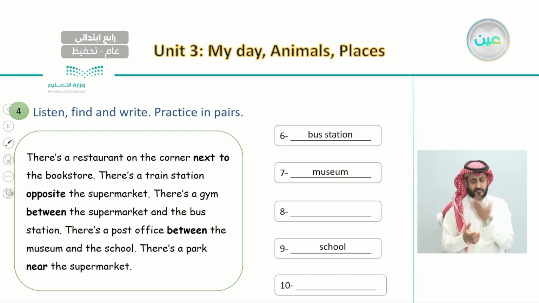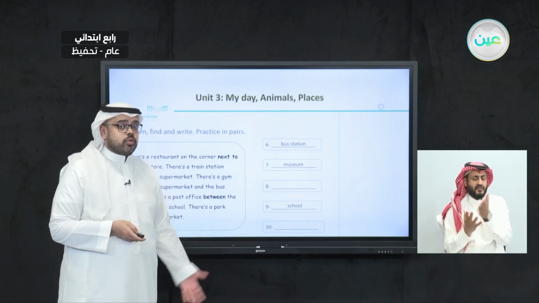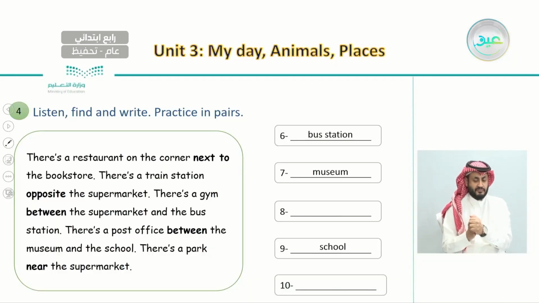So there is a post office between the museum and the school. So number 7 is a museum and number 9 is a school. And what do you think between them? Well, it says here that there is a post office.